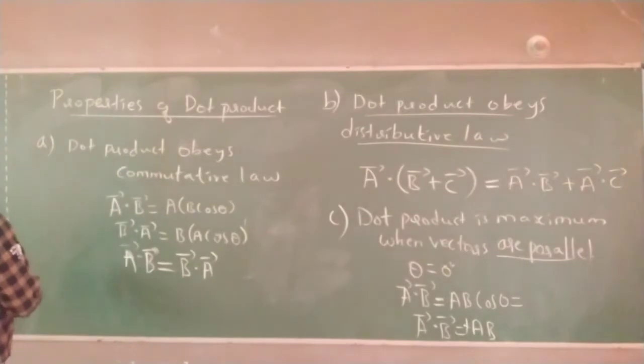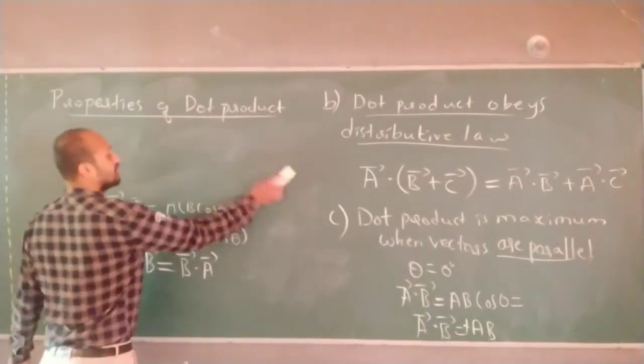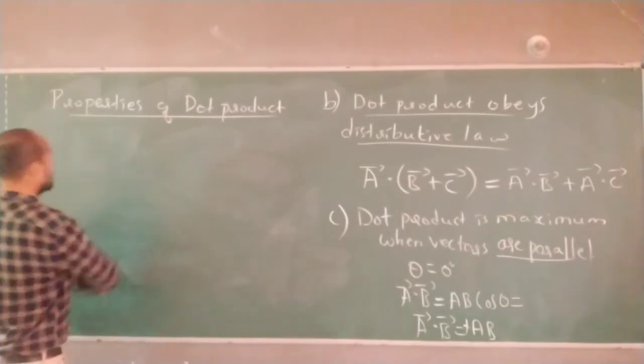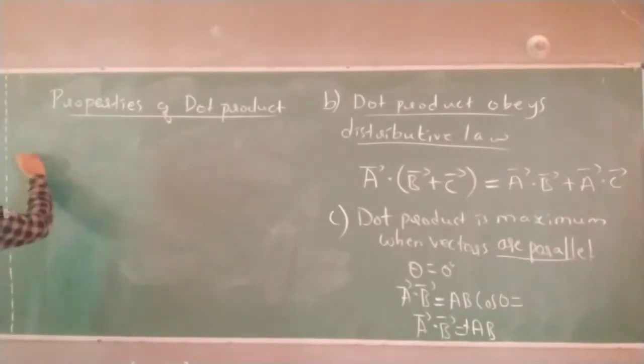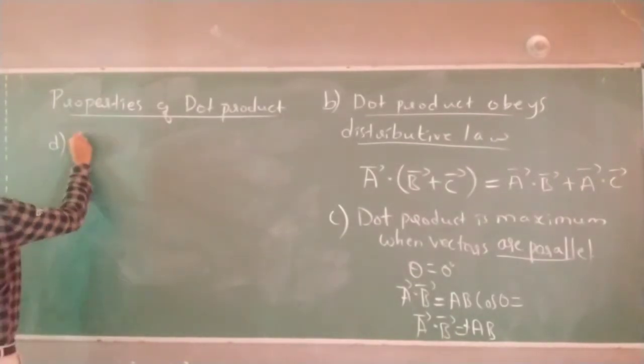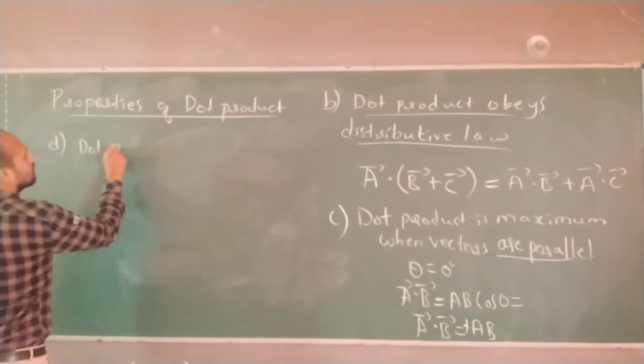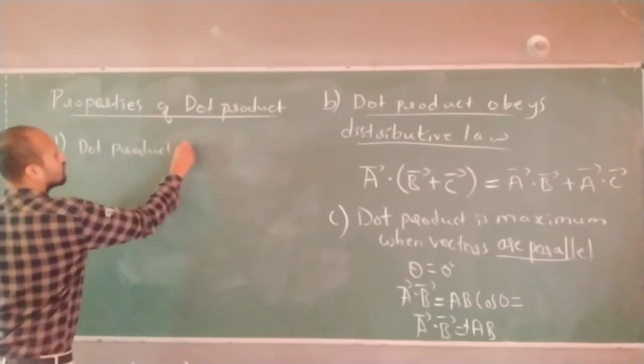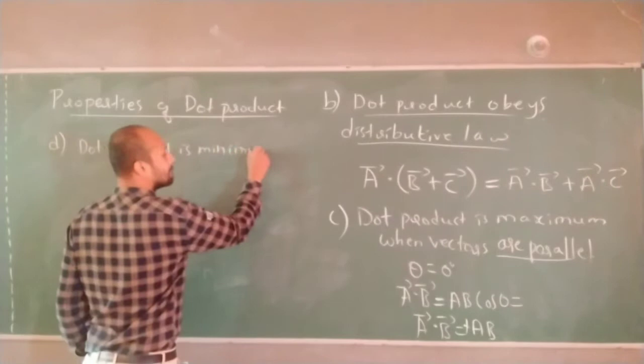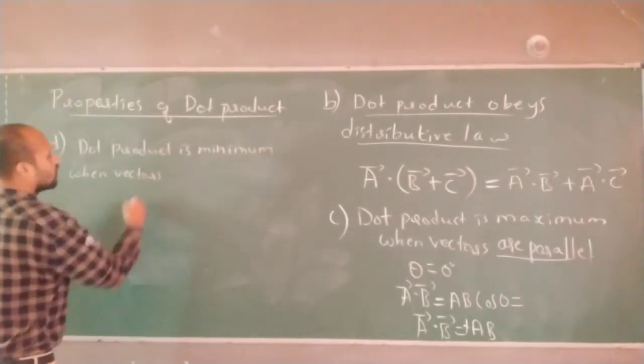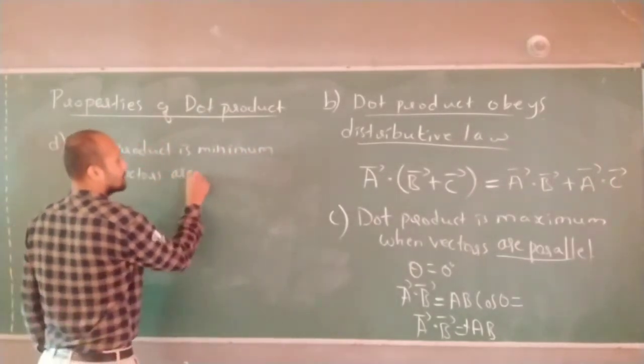Next, the fourth one. All these properties are very important. The dot product is minimum when vectors are perpendicular.